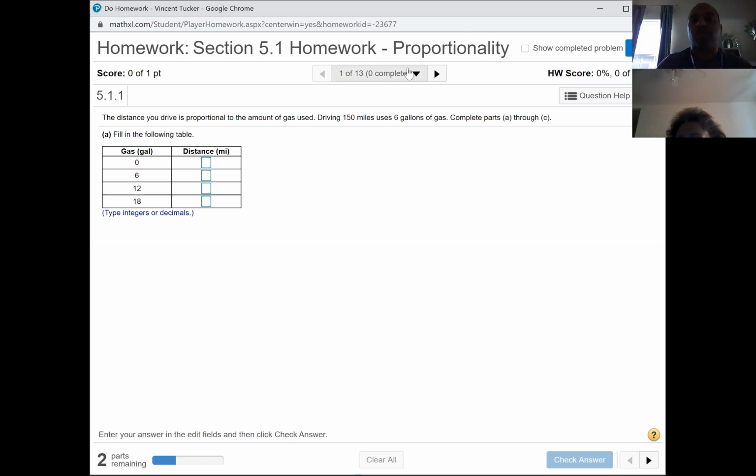All right, 5.1 proportionality. This is our first problem. Let's go to the notes. And of course, it's not showing.